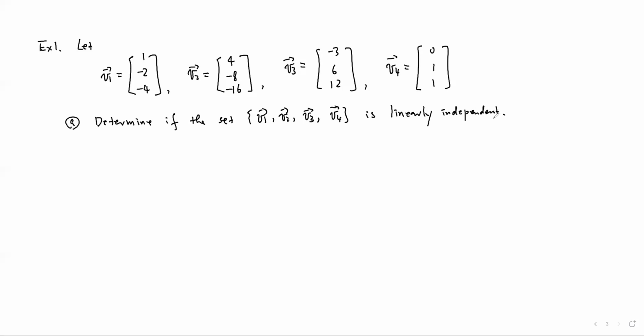To answer this question, go back to the definition. B. If possible, find a linear dependence relation among the vectors.